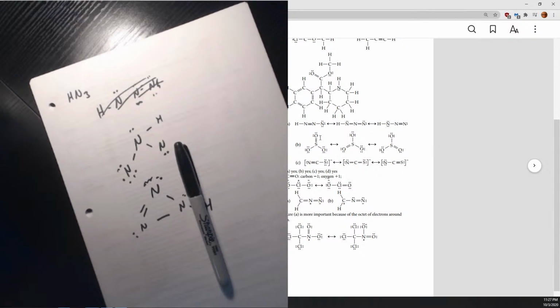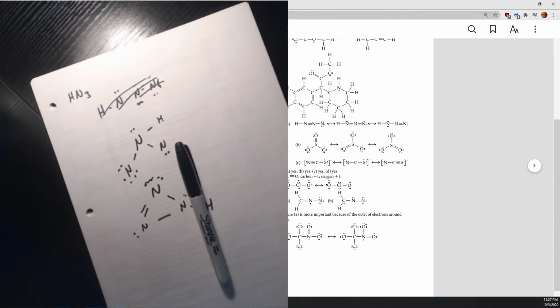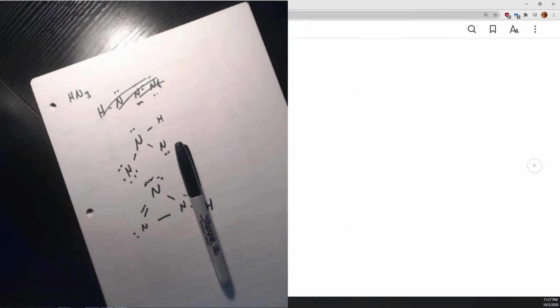Or with a double bond going between the two. So 2, 4, 6, 8, 10, 12, 14, 16. Or triple bond on that side. Huh. I would simply never have thought of that.